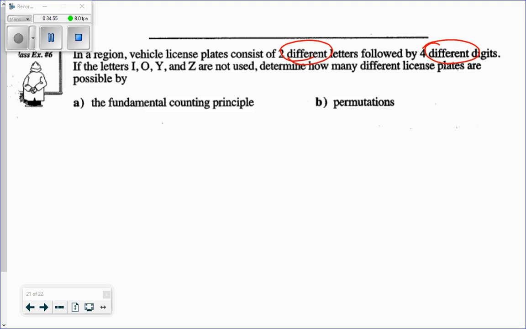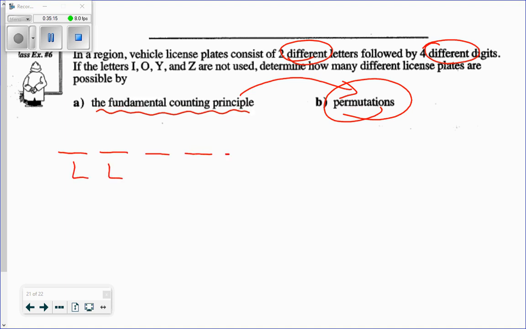So because the order is important, we call this a permutation. Okay? Since it's a permutation, we can use the fundamental counting principle. You can only use the blanks method on permutations. Okay, so we have 2 letters followed by 4 digits.